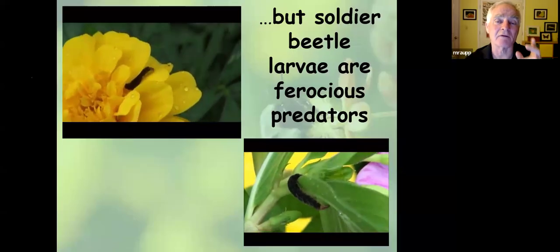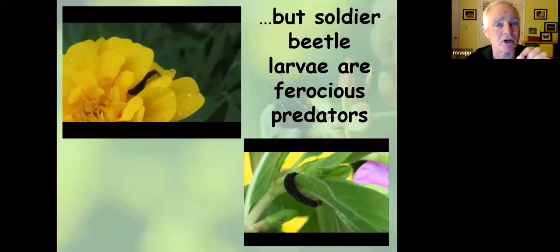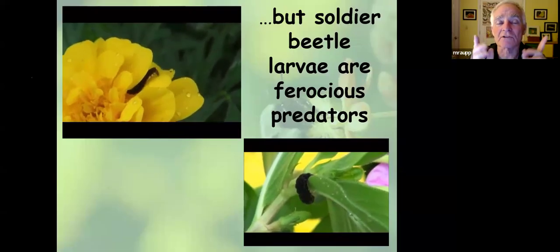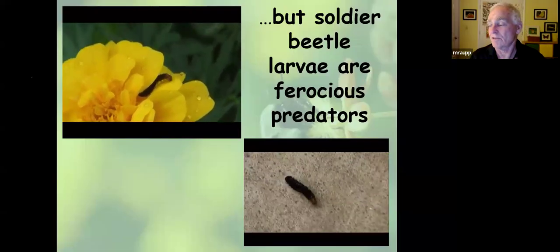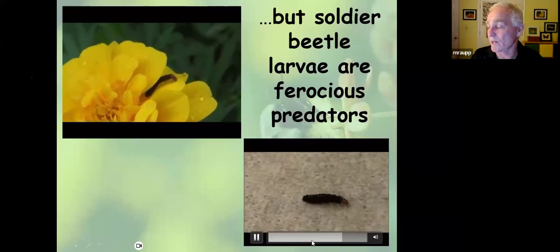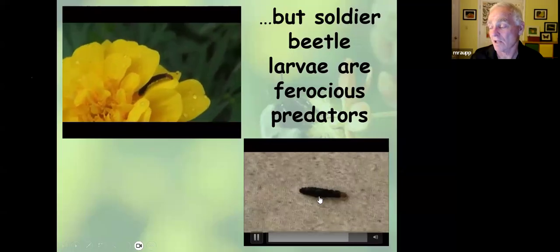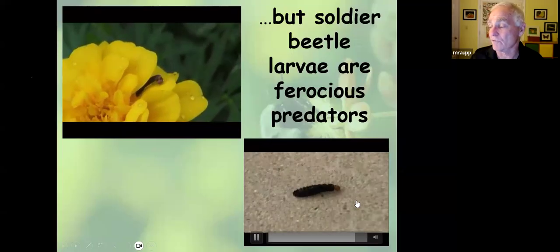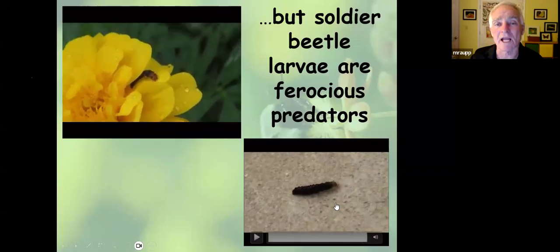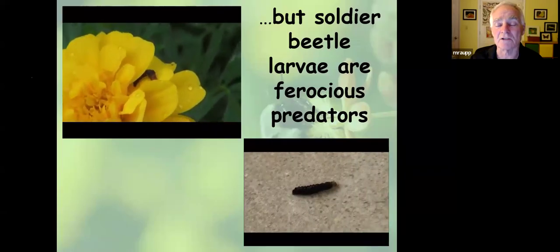So now we have two ecosystem services being provided by two different life stages of the same species. The adult being a pollinator, the immature stage being a predator. And you'll see these little larvae running across your driveway like I did yesterday. These are the immature stage of the Pennsylvania soldier beetle.